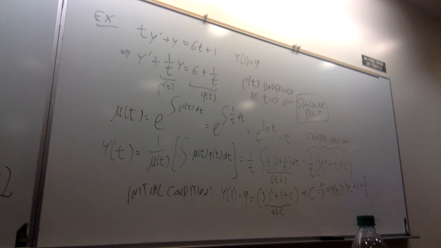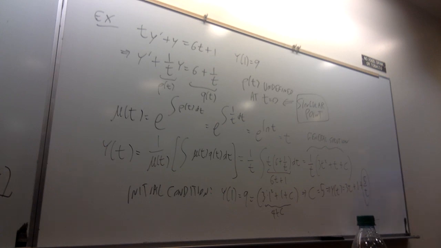Now, which of these terms would be called a transient term? In other words, it goes to 0 as t goes to infinity. The last one, only that one. All right, so that part goes to 0, but as a whole, the solution is going off to infinity because of the 3t plus 1.